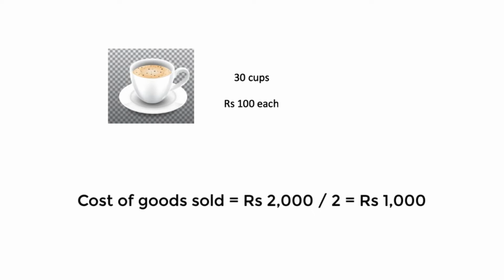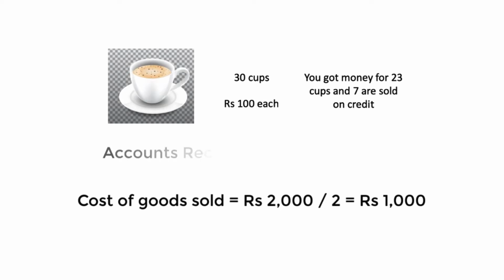So 1,000 rupees is spent on coffee cups that are served, and out of 30, 7 people didn't have any cash, so you let them buy on credit, which basically means you need to record 7 multiplied by rupees 100, that is 700 rupees in accounts receivable.